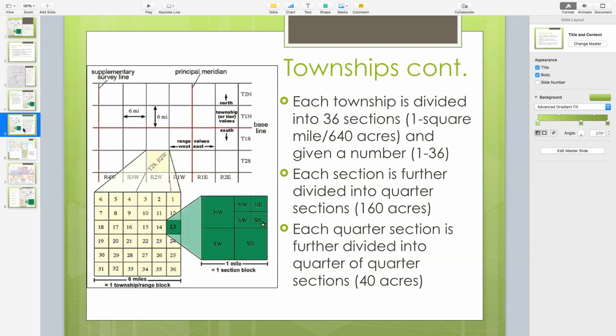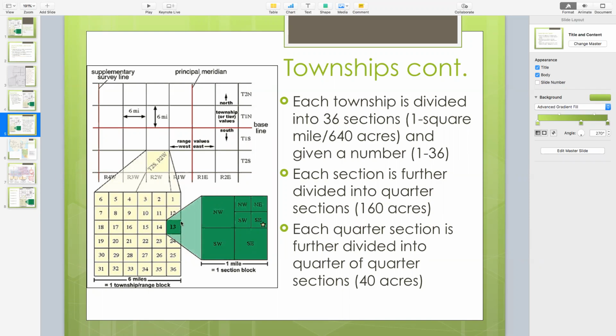So as I showed you earlier, each township is divided into 36 sections, and each of these sections is 1 square mile. These are 1 mile by 1 mile, 36 sections, okay? Or it is 640 acres. These square miles are 640 acres.